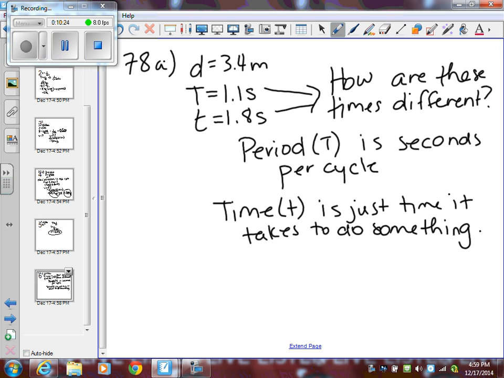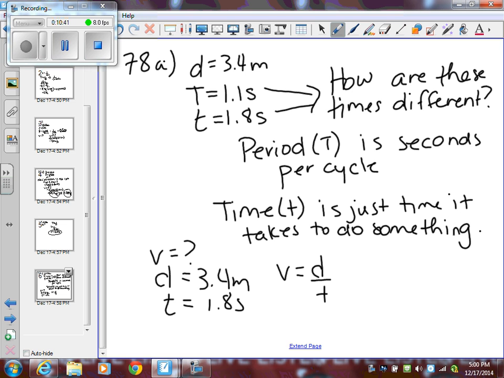So for our first part here, velocity is what we're being asked for. Distance, we know, 3.4 meters. And time, we know, which is 1.8 seconds. We're going to use our equation, v equals distance over time.